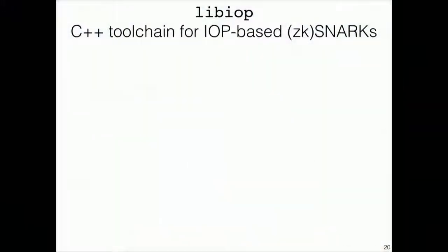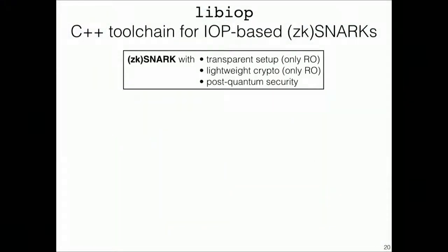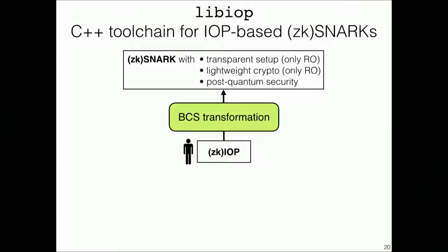It's a toolchain that we hope to put online in the next couple of months. It enables you to obtain constructions of ZK SNARKs that have a transparent setup, lightweight cryptography, and are post-quantum. From the perspective of the programmer, you only have to supply to the library an IOP protocol, and the library will compile this protocol automatically into a SNARK.